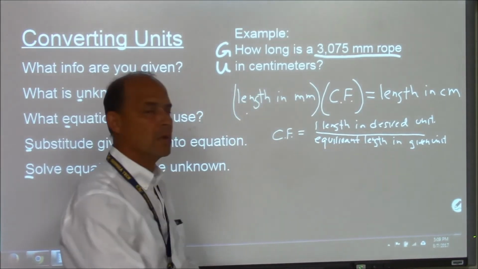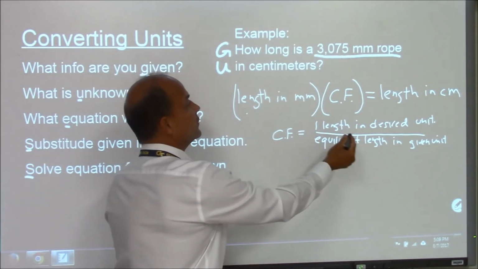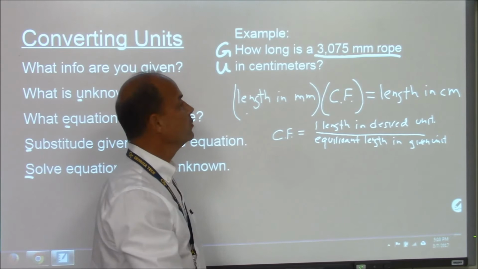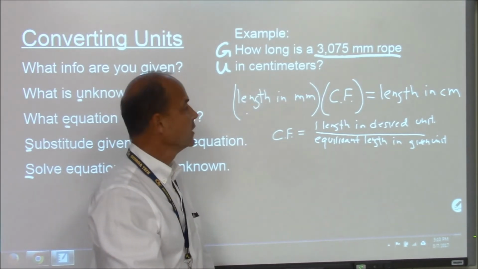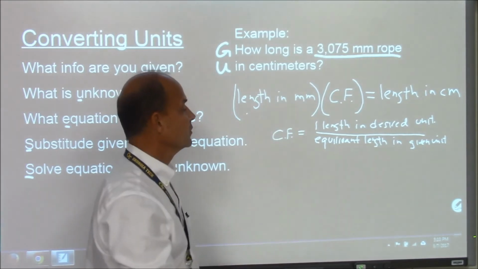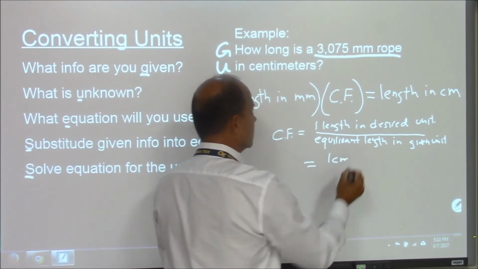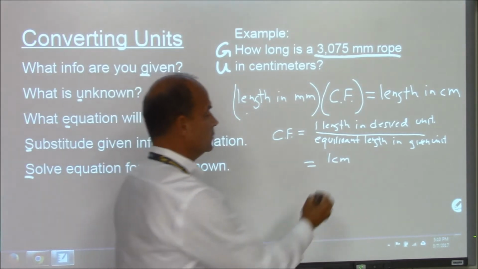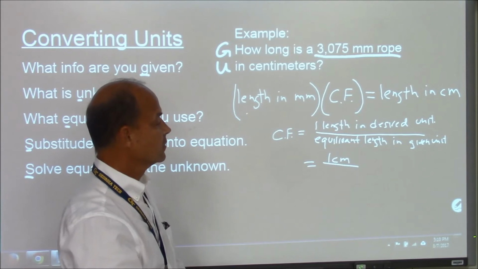Now that kind of sounds complicated, but what is the desired unit? What do you want to have the length of the rope in? We want it in centimeters, right? So 1 centimeter over the equivalent length in the given unit.